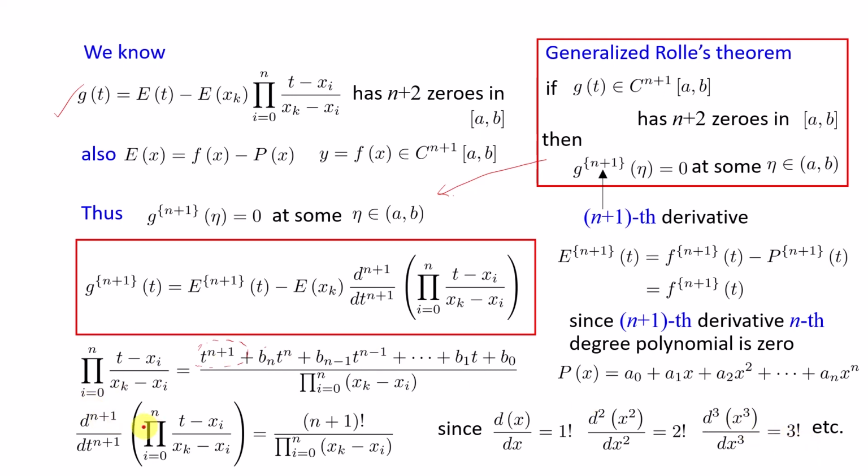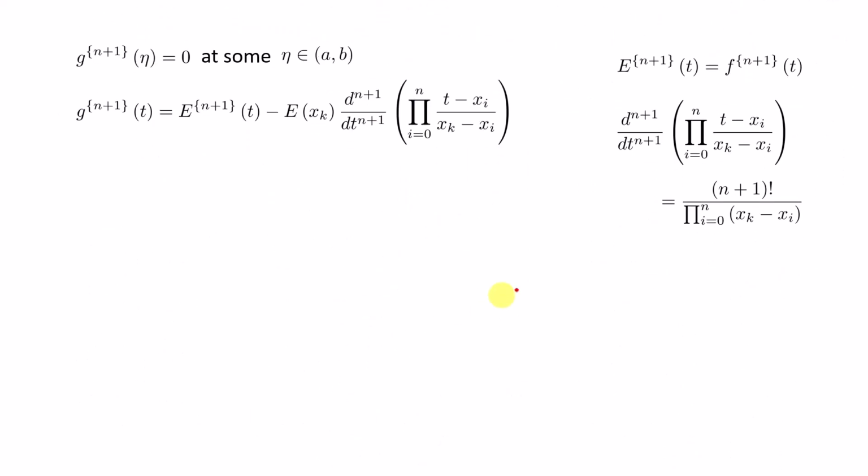In the same way, if I take the n plus 1th derivative of t^(n+1), that gives me factorial of n plus 1. Thus, we have both expressions here: e^(n+1) is f^(n+1), and the n plus 1th derivative of this product is factorial n plus 1 divided by this product of xk minus xi.